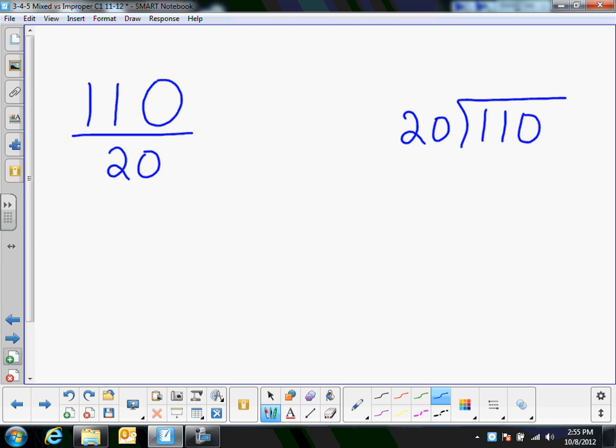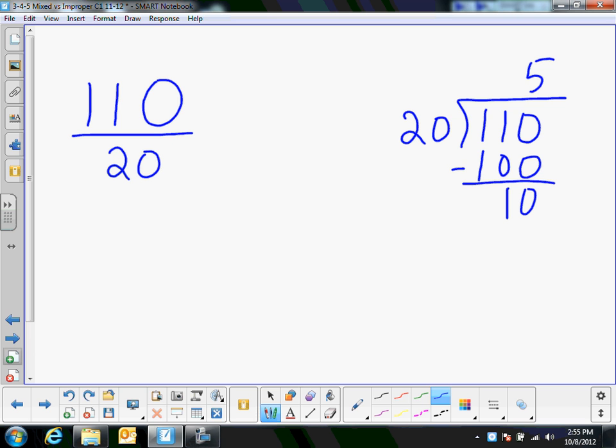I'm going to count by 2's. 2 is 20. 2, 4, 6, 8, 10. 5 20s is 100. So I'm going to do 5. And 5 times 20 is 100. And when I do 110 minus 100, that's 10.